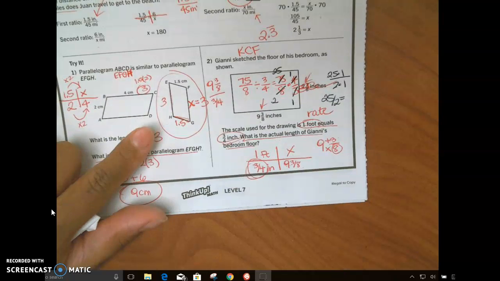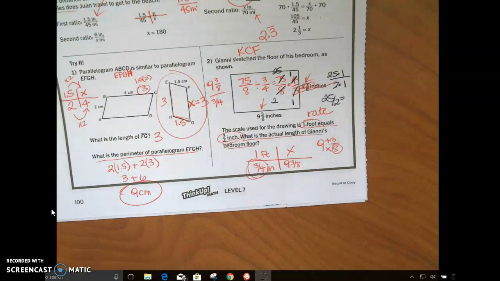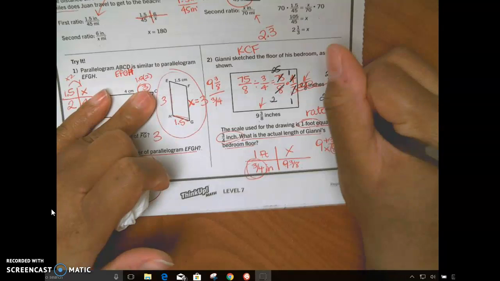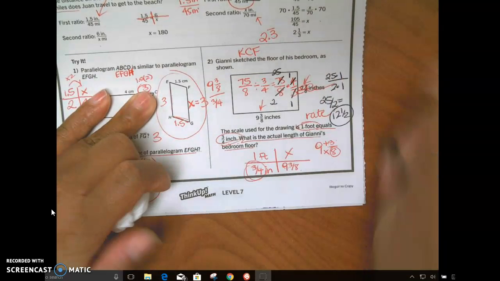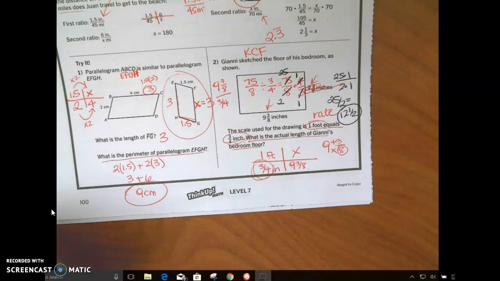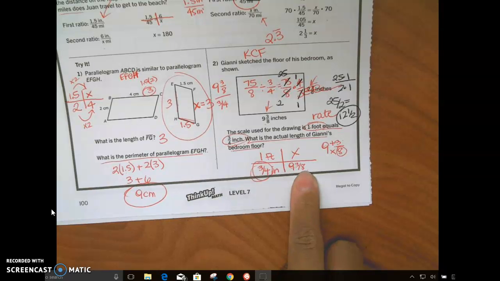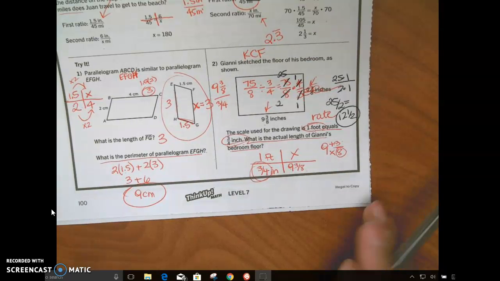And then what's half of 25? 12 and a half is the actual length. And is that in feet or inches? In feet, because the inches were given to me down here. Okay.